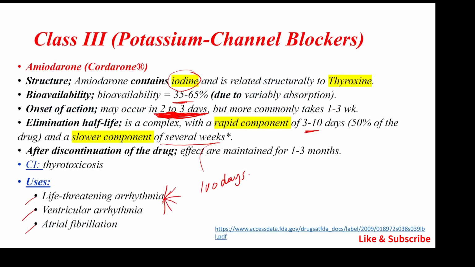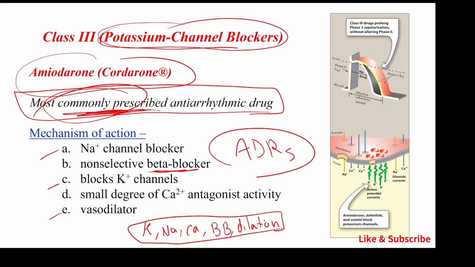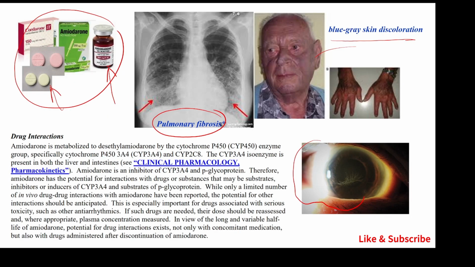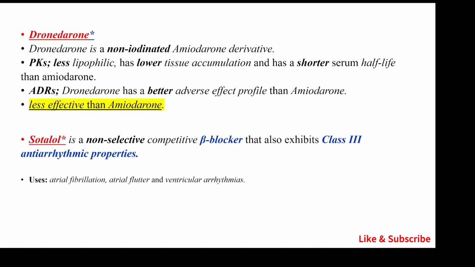Amiodarone. So we need to remember the mechanism of action: potassium, sodium, calcium channels, beta blocker activity, and vasodilation. This medication is associated with side effects such as pulmonary fibrosis, hypothyroidism, blue-gray skin discoloration, and corneal arcus.